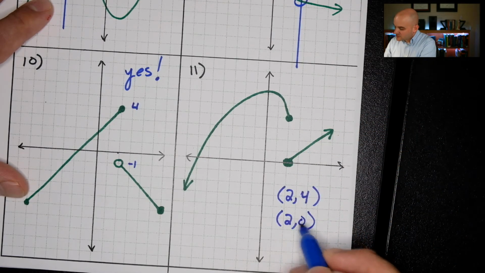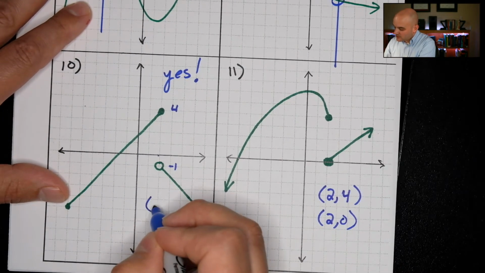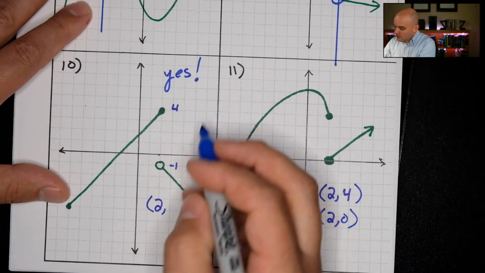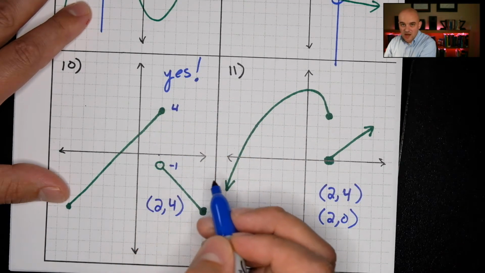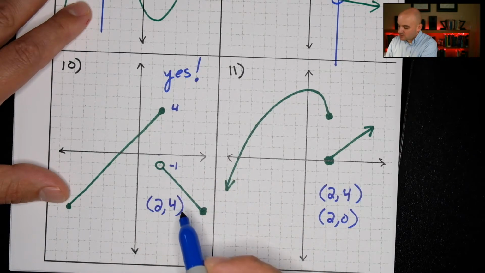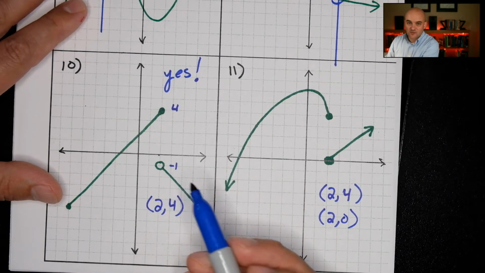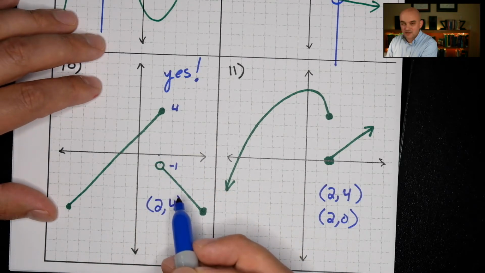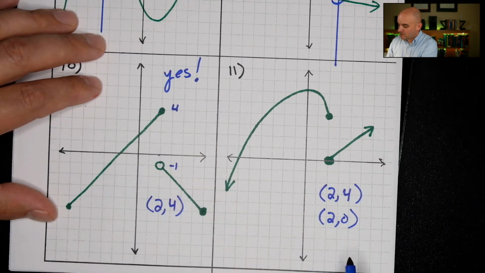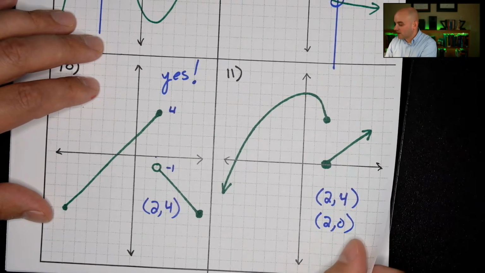So in this case, you have the same input 2 and 2 different outputs. Over here, when x equals 2, y equals 4, and that's it. Because this emptiness right here, whoever drew this graph is telling you -1 is not the value here when x equals 2. It's somewhere over here, -1 on the range.